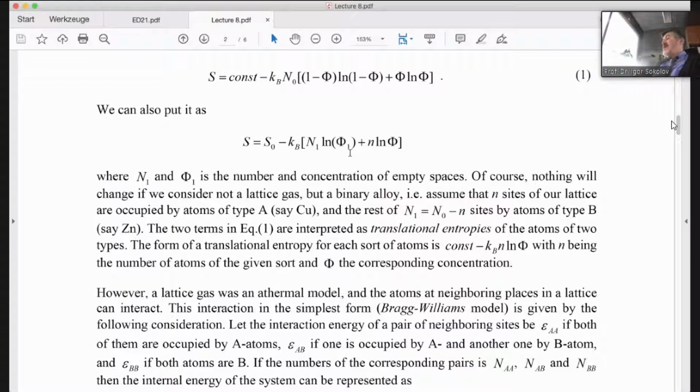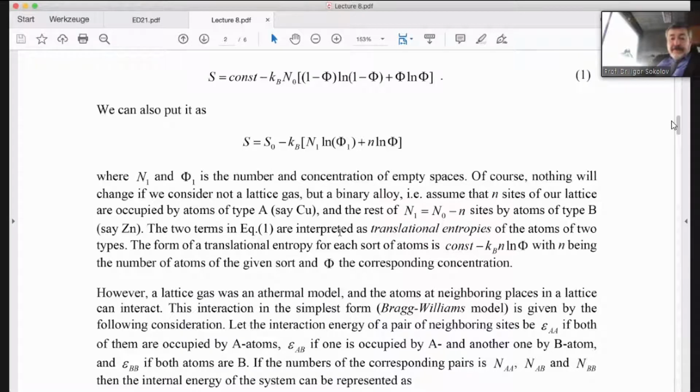And now it's also easy to guess what happens if you have a ternary alloy, a more complicated mixture. It will be N1 ln phi 1 plus N2 ln phi 2 plus N3 ln phi 3 plus and so on. And each of these terms, which are added in the lowest order in the formula of the entropy, are called the translational entropies of the corresponding constituents.